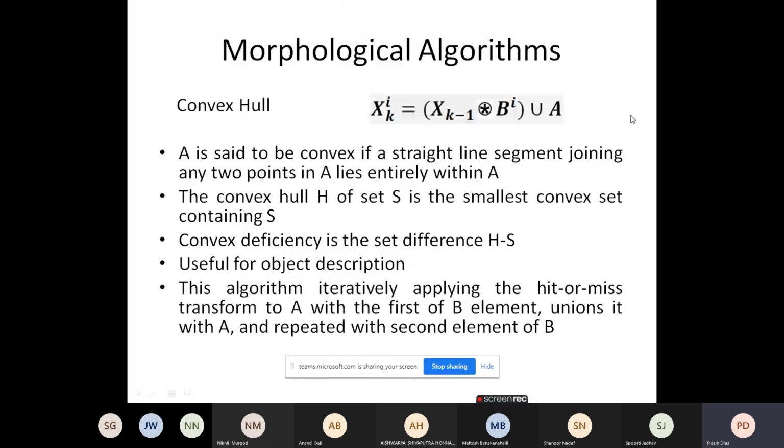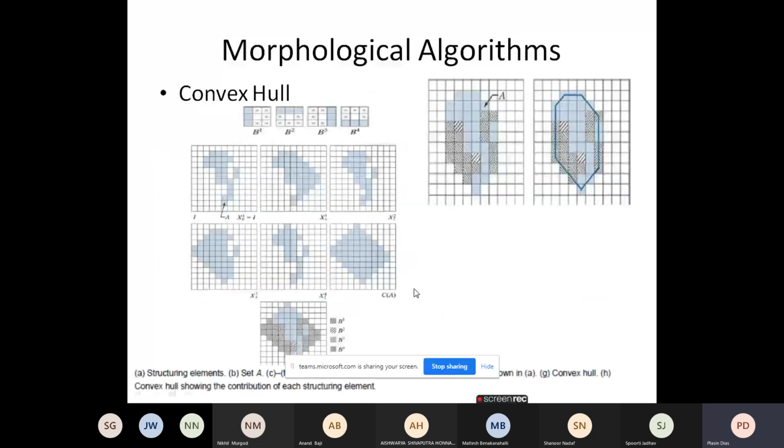So we consider it as B raised to i operation whenever we take up any image. That's why in one of the examples we had seen B1, B2, B3, B4, that is B raised to i, for the 4 stages, how the structuring element may change for the convex hull operation.